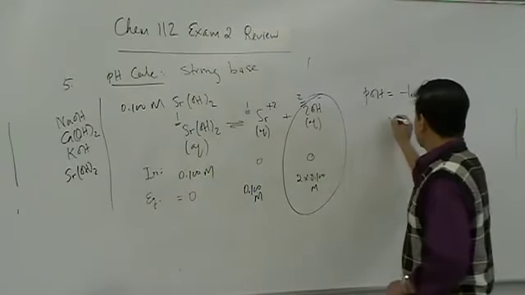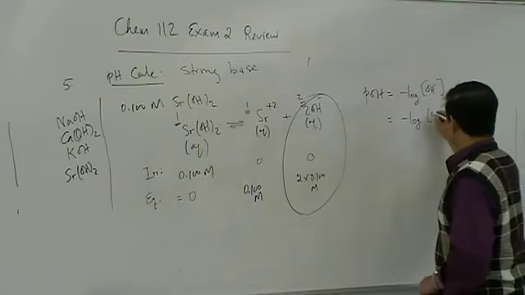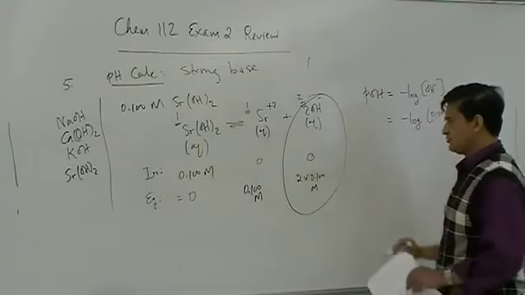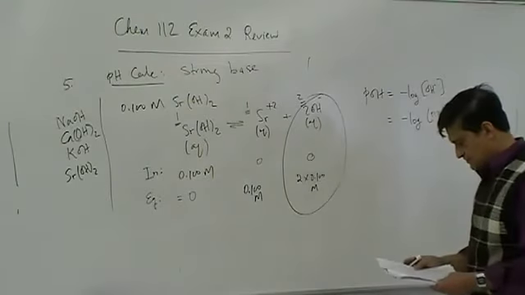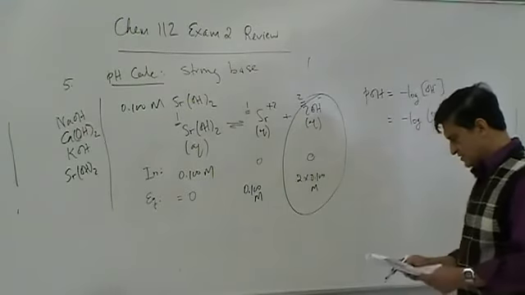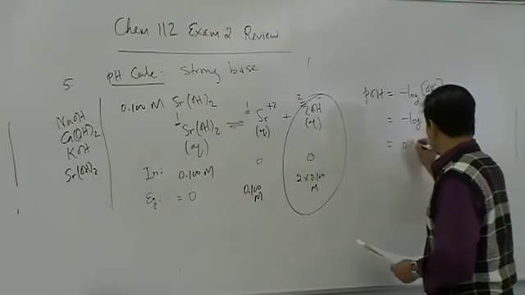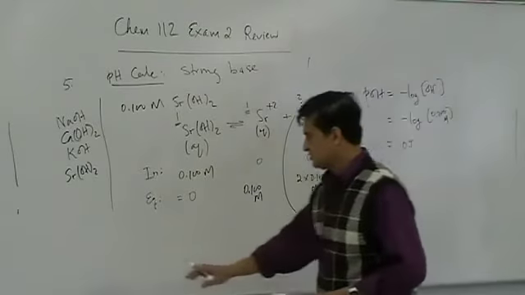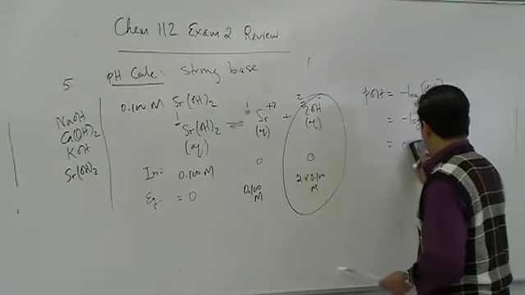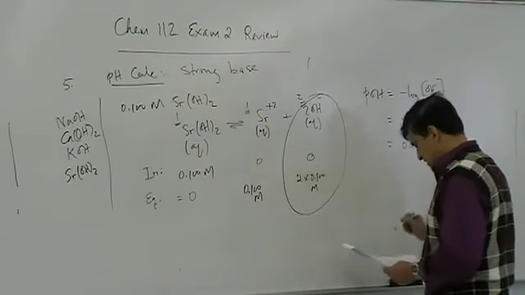So in this particular case, it would be minus log of 0.200 molar. It's 2 times 0.10, that's 0.200 molar. And then finally, you get this number, 0.699. You can always do it independently, and first try to understand what we are discussing here.